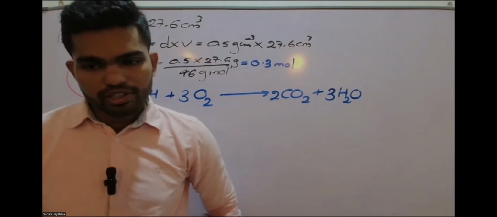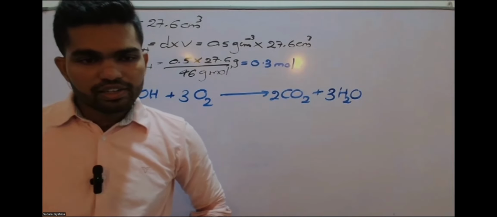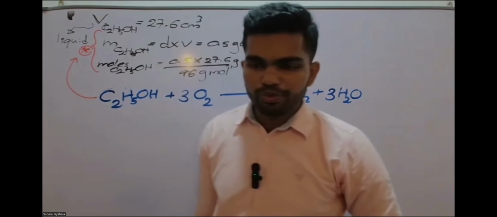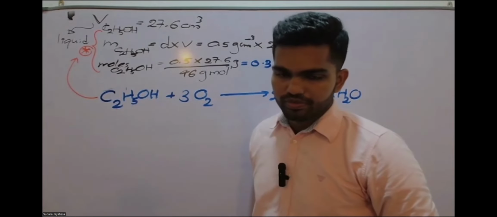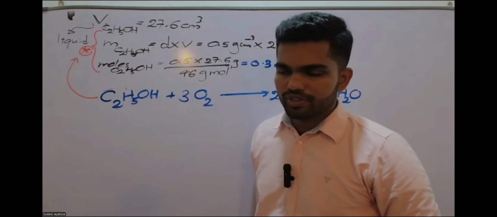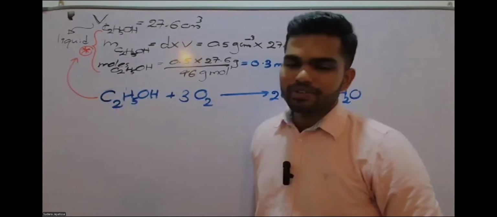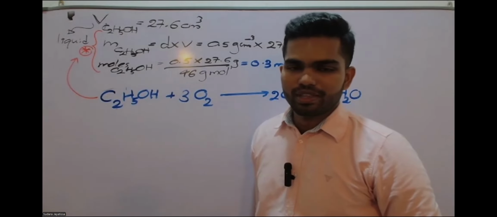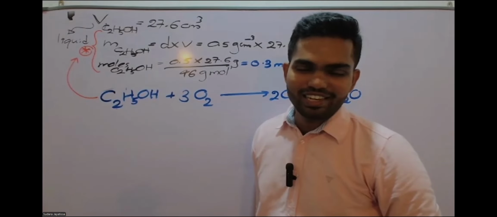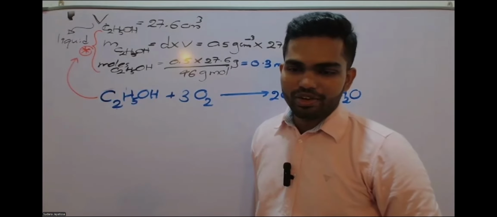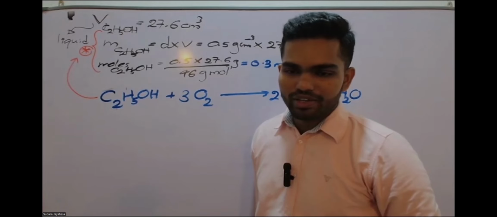Yeah, I have a question. Why can't we get the number of moles of ethanol using the formula of molar volume? A very good question. So why can't we use molar volume? You can see one word written on the board: ethanol is a liquid.